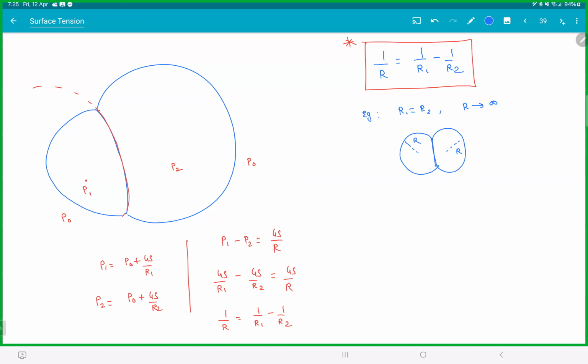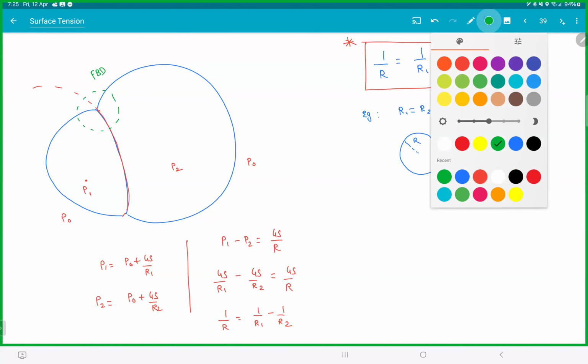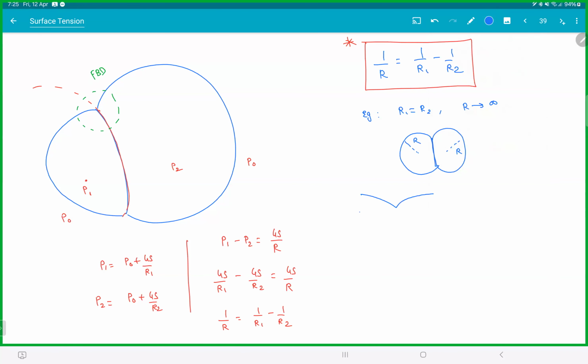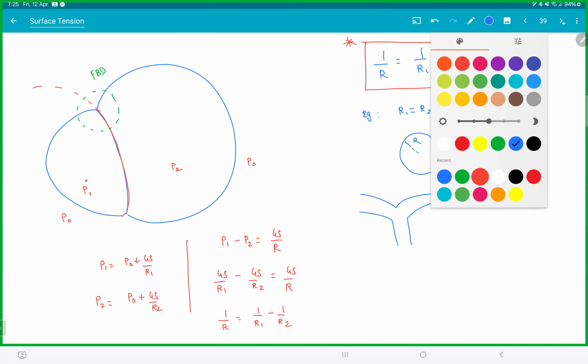Now look at the angles there. If you draw this part, FBD, this is how it looks.